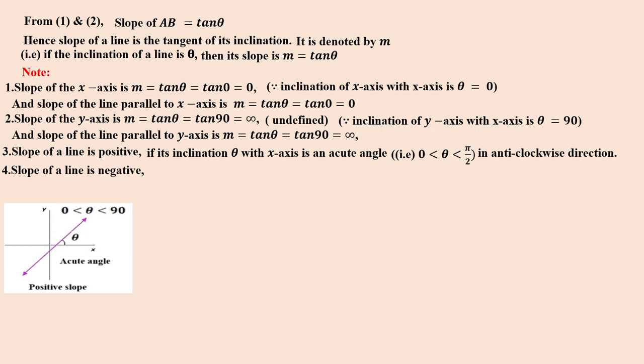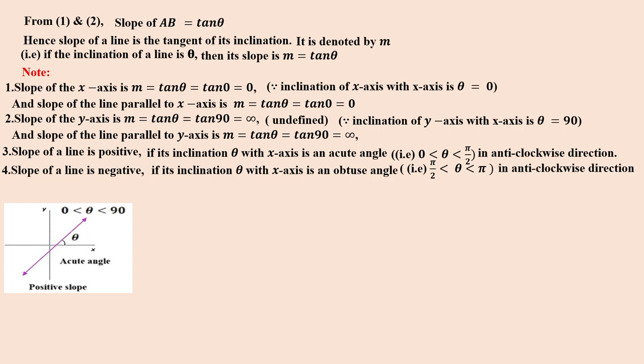Slope of a line is negative if its inclination theta with the x-axis is an obtuse angle. So on the other side, it is pi by 2 to pi, that is 90 degrees to 180 degrees. 180 is pi, 90 is pi by 2, in the anti-clockwise direction. That is, its inclination theta with the x-axis is an acute angle in the clockwise direction, the other direction.